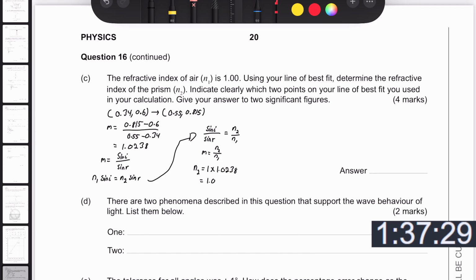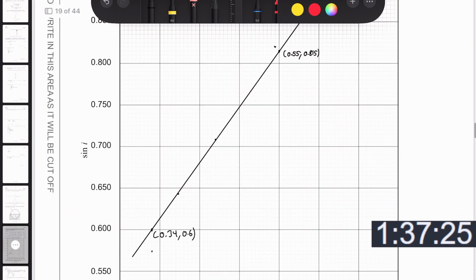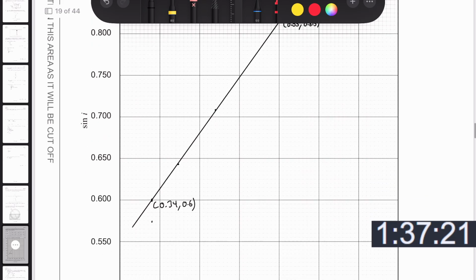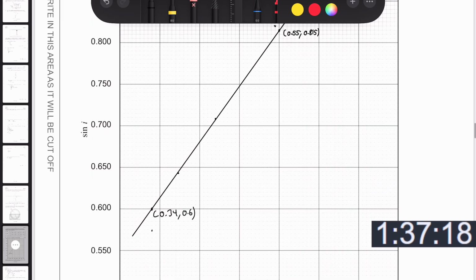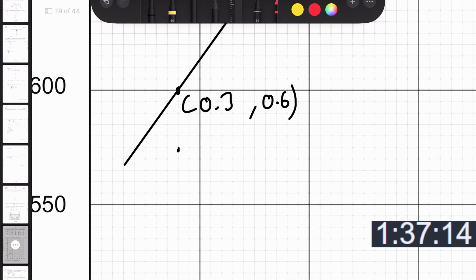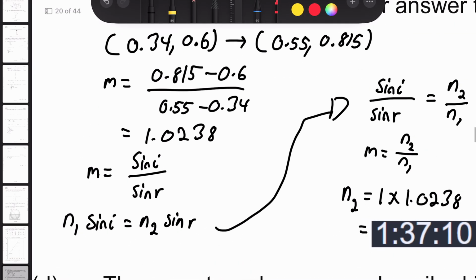Determine the refractive index of the prism. So let's see, 0.815 and 0.55. Oh, this is 0.34, 0.39. There's my mistake.